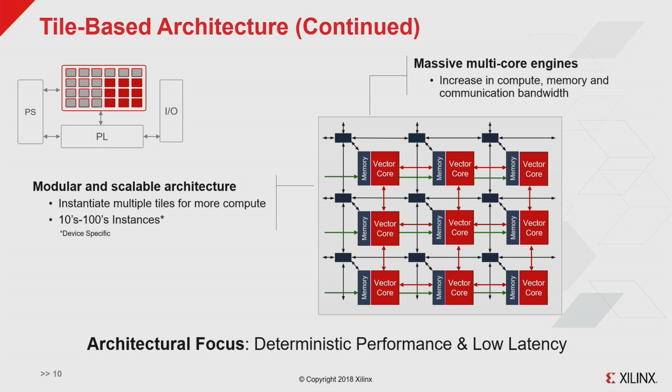And just to give you an order of magnitude, we are talking tens to hundreds of these tiles instantiated in the product. As I said before, there are going to be different products, and each different product will have a different combination and number of these engines instantiated. It's device specific. And then, as I said before, this is a distributed memory hierarchy.